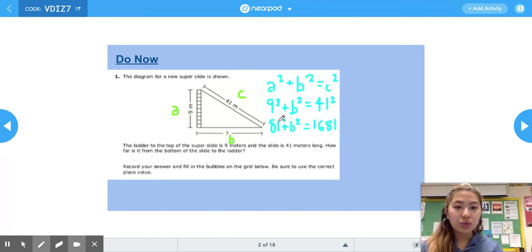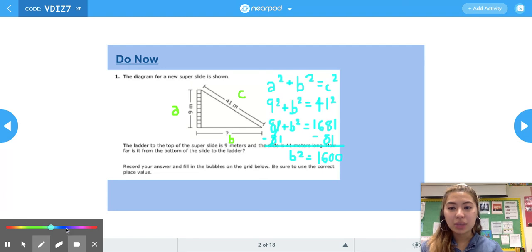So from here, I need to move over the 81 to the other side of the equation since I want to isolate or get the B alone. So 81 minus 81 is 0, so then I'm left with B squared is equal to 1,681 minus 81 is 1,600. So now I have B squared is equal to 1,600.